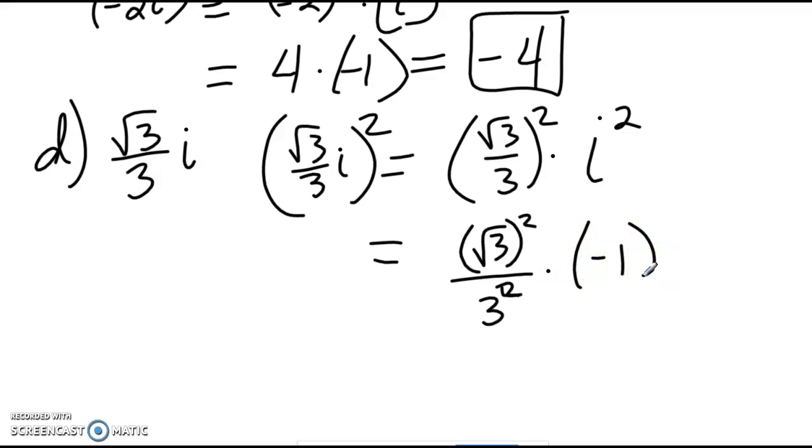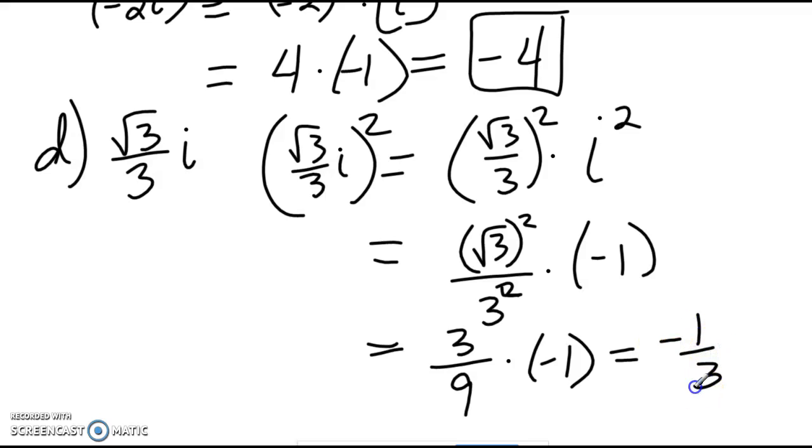So squaring a square root, they cancel each other out, or you could say the square root of 3 squared is the square root of 9, which is 3. So in the numerator, we're going to get 3. 3 squared in the denominator is going to give you 9 times a negative 1. And we can reduce that 3/9 to 1/3 times a negative 1, which will give us a negative 1/3.